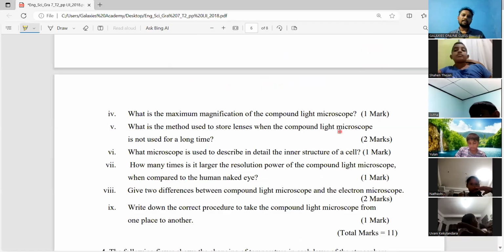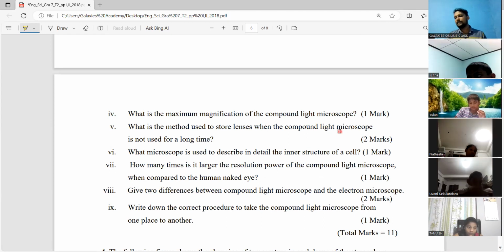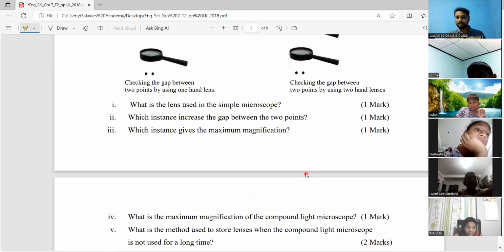Right, then next part, what is the maximum magnification of the compound light microscope? Do you remember? Excuse me, sir. Can you answer the third one? Which one? The third one answer is using the two hand lenses. The second, same answer, using the two hand lenses.